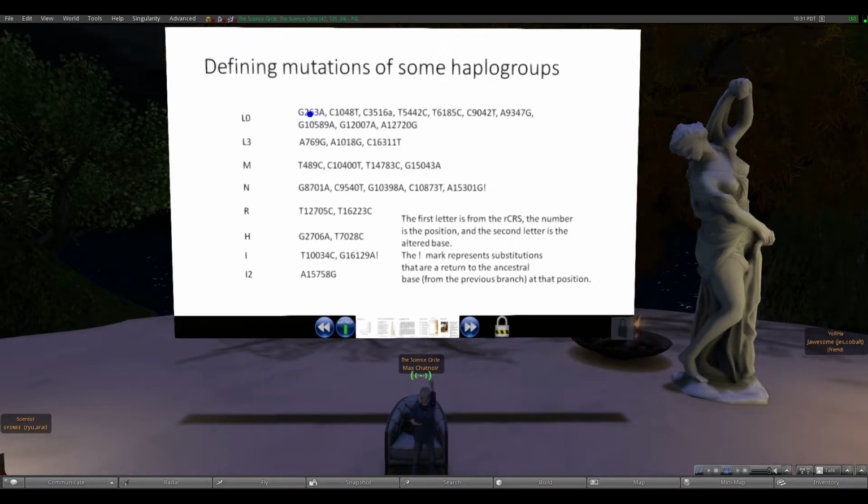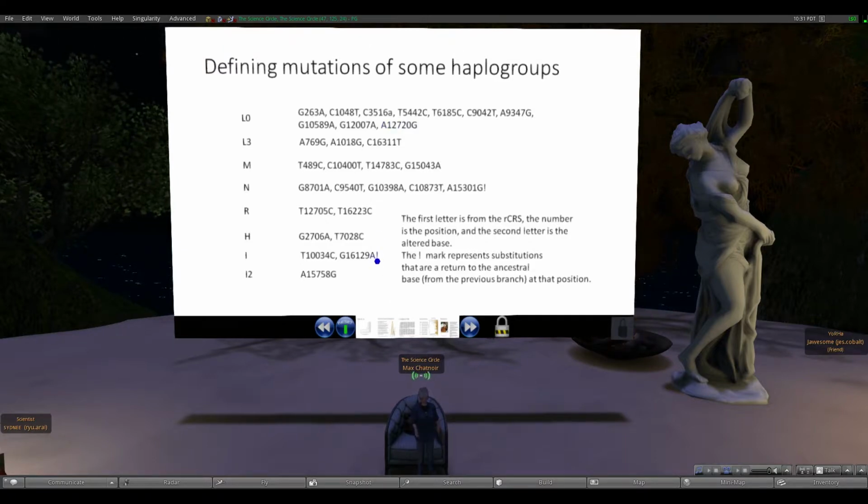So this gives you a reference position for each. And sometimes they change back. This exclamation point here represents substitutions that go back to an ancestral base, not necessarily from the Cambridge reference sequence, but from whatever the preceding branch of the mitochondrial sequence was.